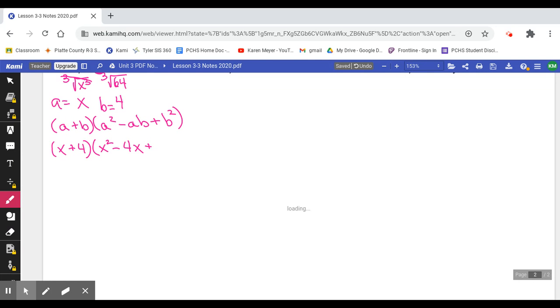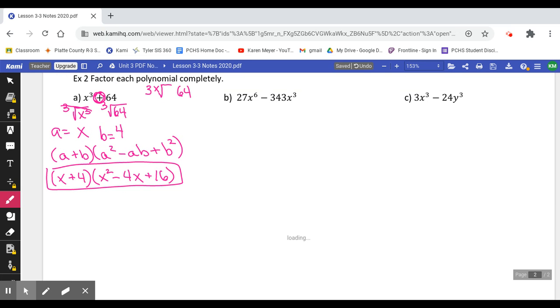Plus, and then square b. So b is 4, and 4 squared is 16. The good news is that these never break down any farther after that. We don't even have to solve this; all we're doing is factoring, so we're done. Let's go to the next one.